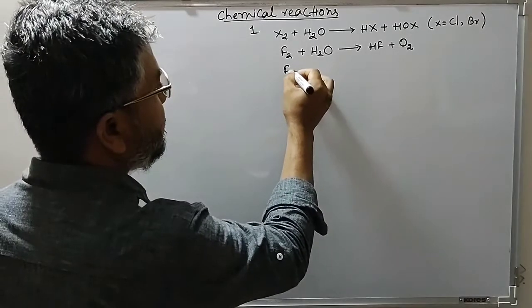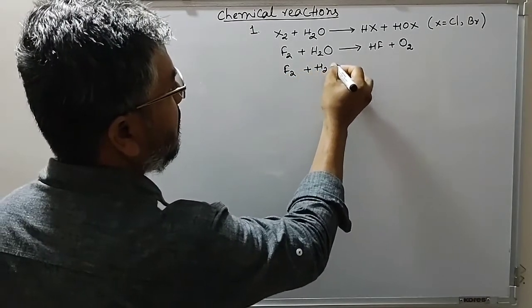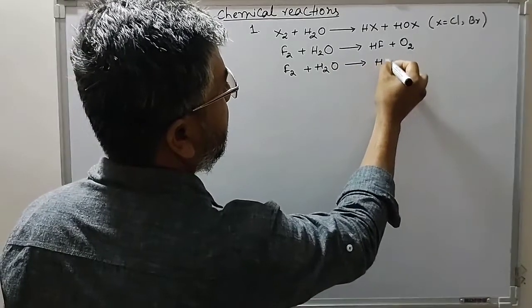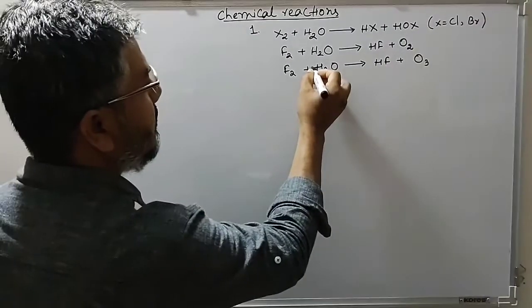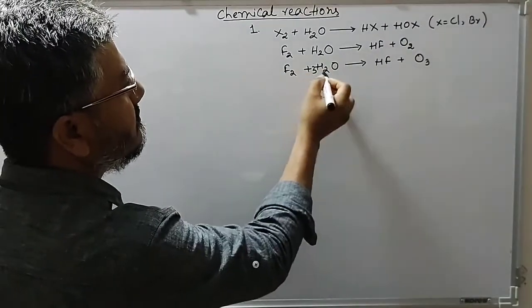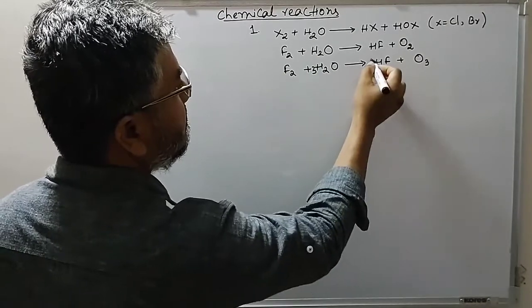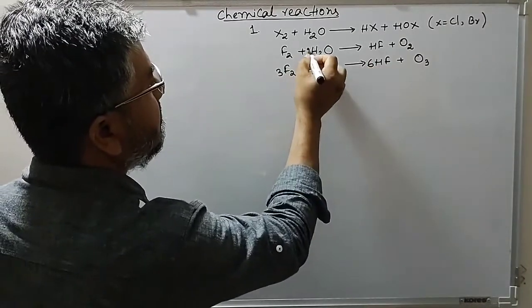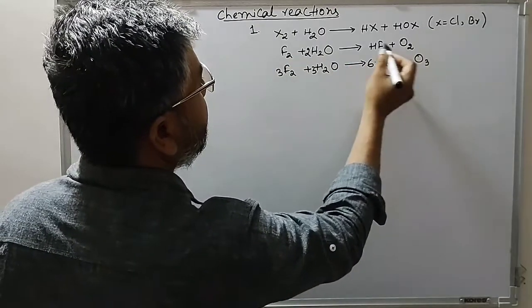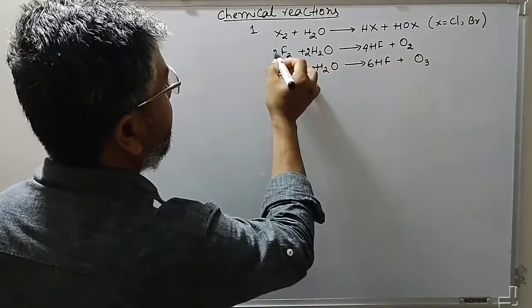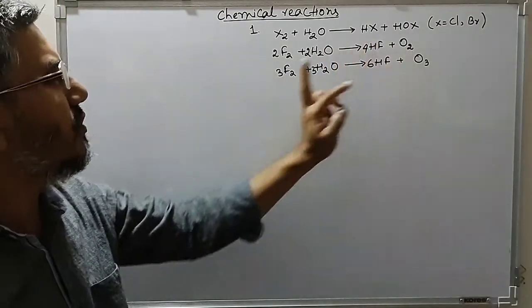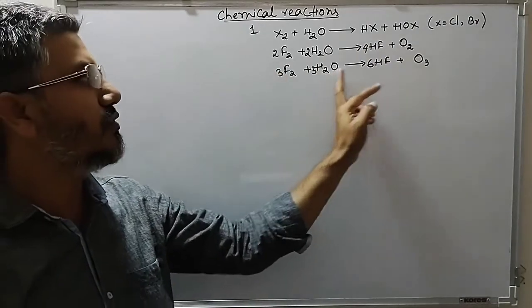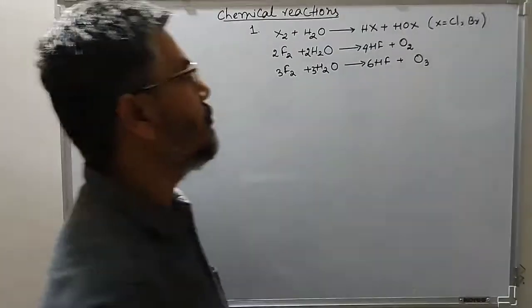and oxygen. Sometimes this fluorine also reacts with water to give you HF and ozone. So look at this, you have balanced this reaction. Fluorine reacts with water to give you HF and oxygen, or fluorine reacts with water to give you HF and ozone.